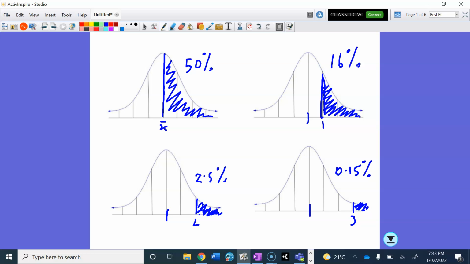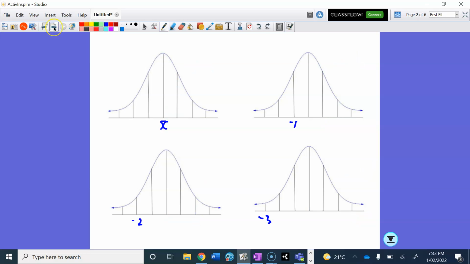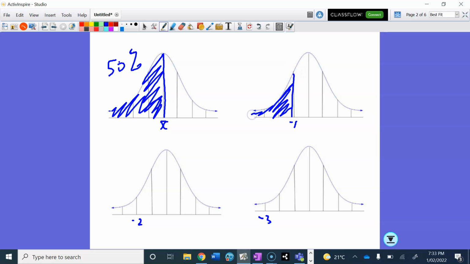Because of the symmetrical nature of the normal graph, the same thing applies going the other way. So below average, 50%. One standard deviation less than the mean is represented by 16% of our population. 2 standard deviations below the mean would be represented by 2.5% of our population, and 3 standard deviations less than the mean by 0.15% of the population.